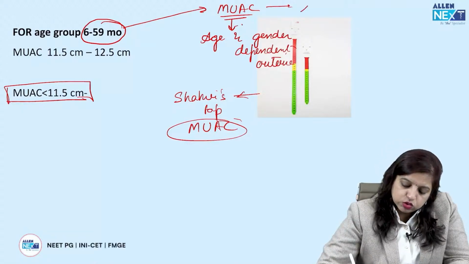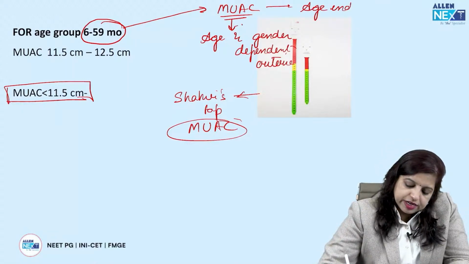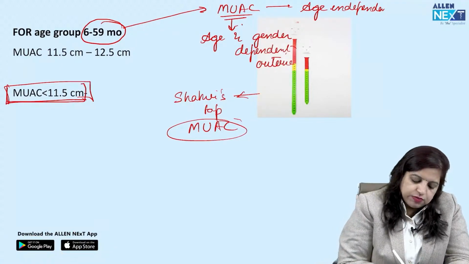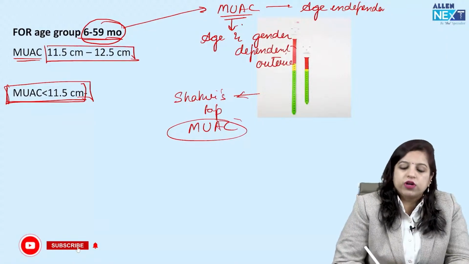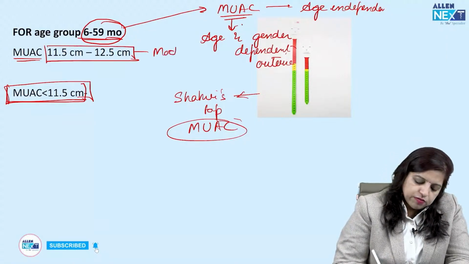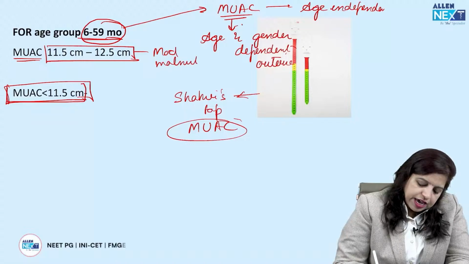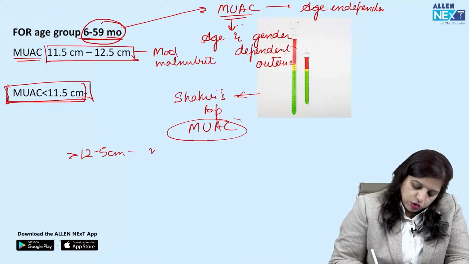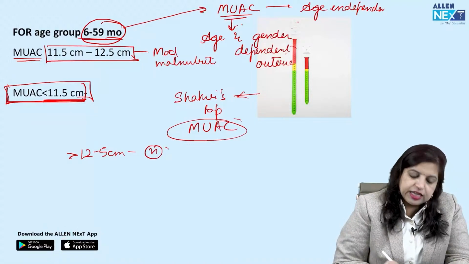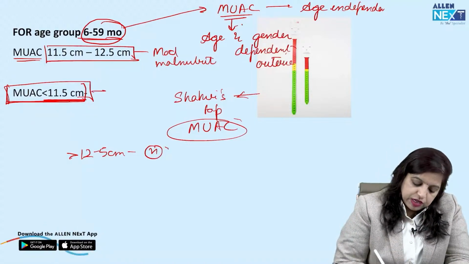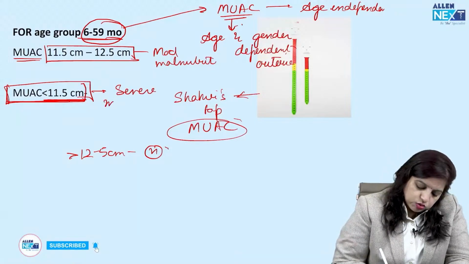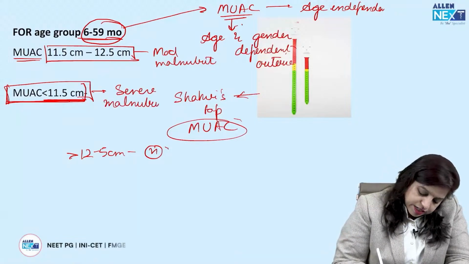Once upon a time, we used to call it age independent, and that is why there was a universal value: mid-upper arm circumference between 11.5 to 12.5 centimeter would be moderate malnutrition, while anything more than 12.5 centimeter will be normal, and anything less than 11.5 centimeter will be severe malnutrition, right? That was what we used to read, and we are still reading this.